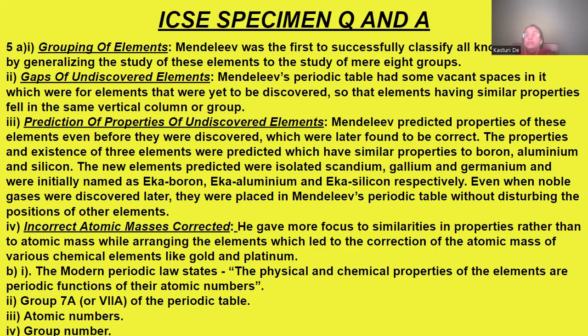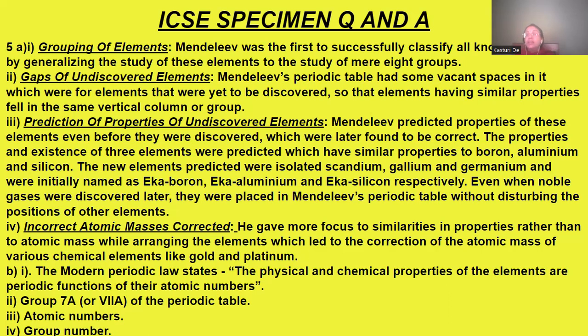But they have some similar properties. He predicted that those similar properties they can have, and therefore those can be kept in that vertical column or row. Now, the prediction of properties of undiscovered elements. Mendeleev predicted the properties of the elements even before they were discovered, which were later found to be correct.